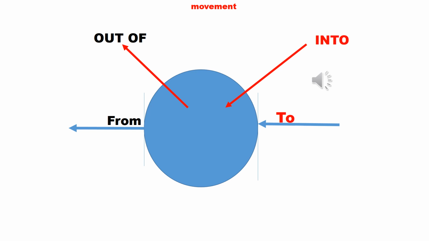Now, to and from. In case of to and from, place is fixed or the location is fixed. When my destination is given or fixed, then I would use to. Like, I'm going to college. Here my destination is college and that is given and fixed.